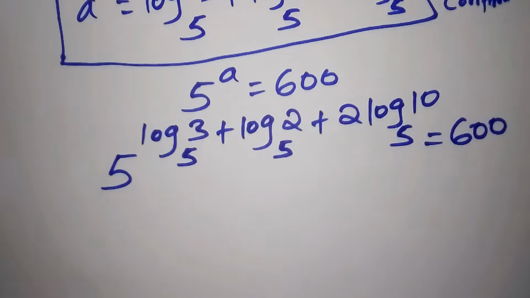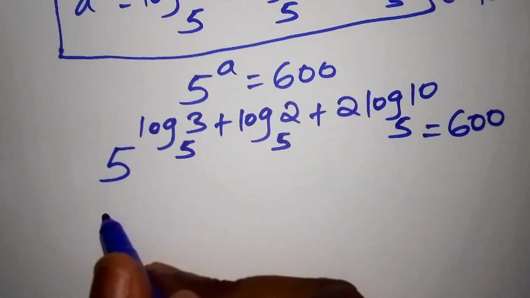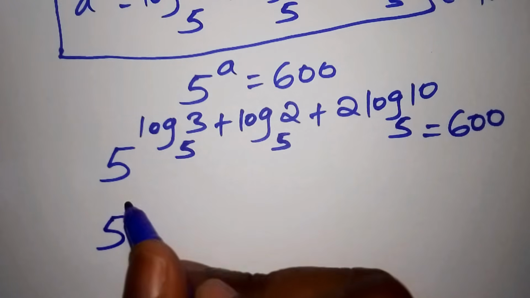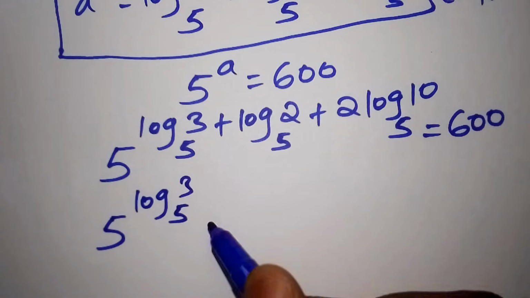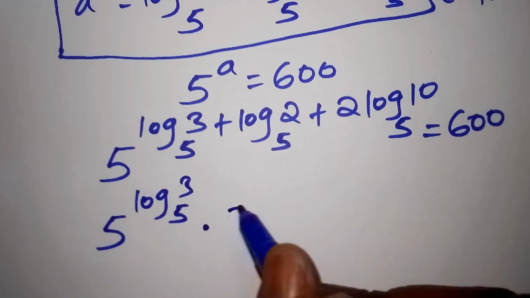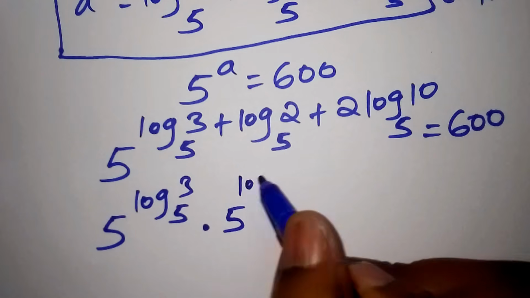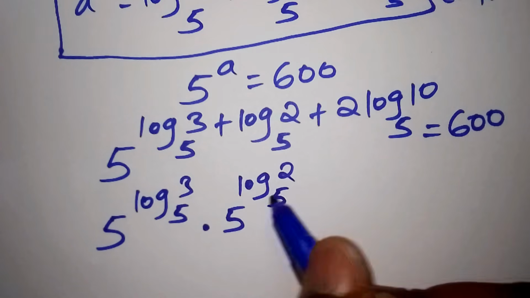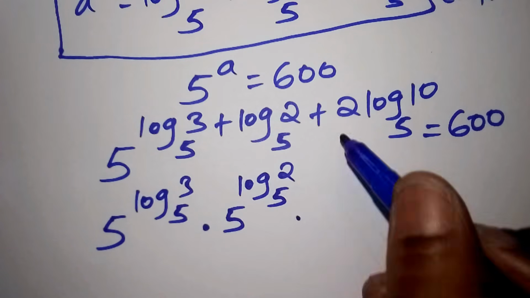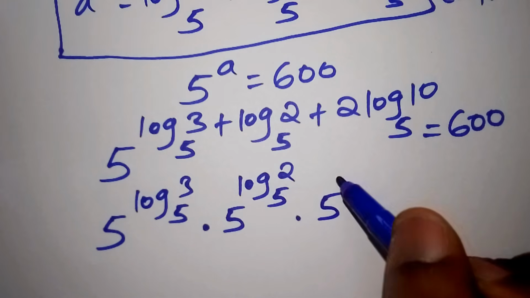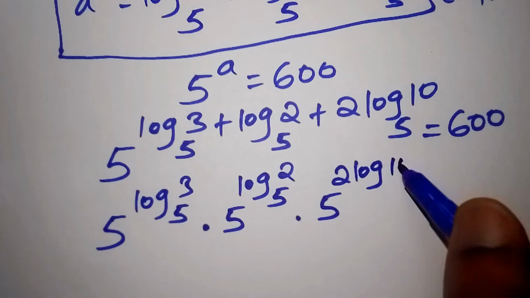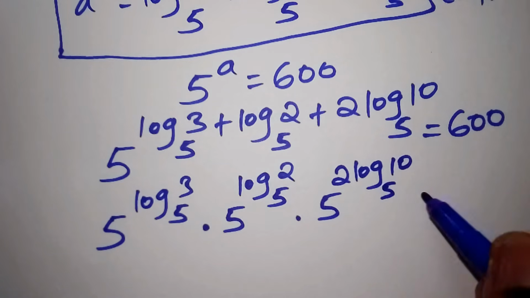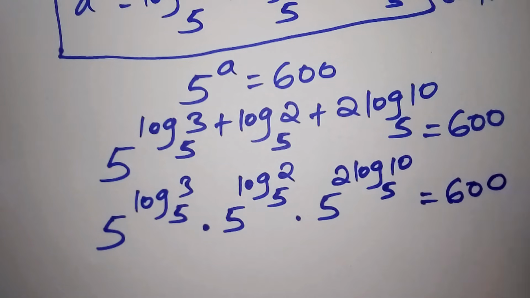So next we can write it as 5 to the power of the log of 3 to the base of 5, then the plus means multiplication, then 5 again to the log of 2 to the base of 5, then multiplied by 5 again, 5 to 2 the log of 10 to the base of 5 is equals to 600.